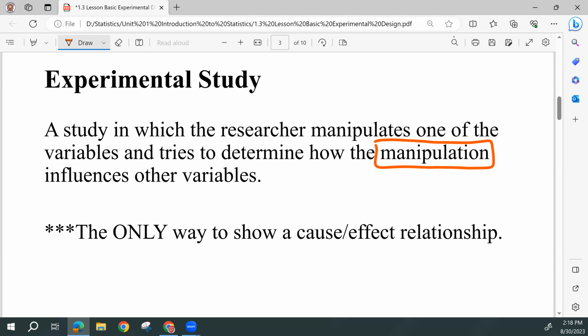So here we have a measure of control, which takes us out of the observational study arena and into an experimental study. And this is the only way to show a cause-effect relationship.